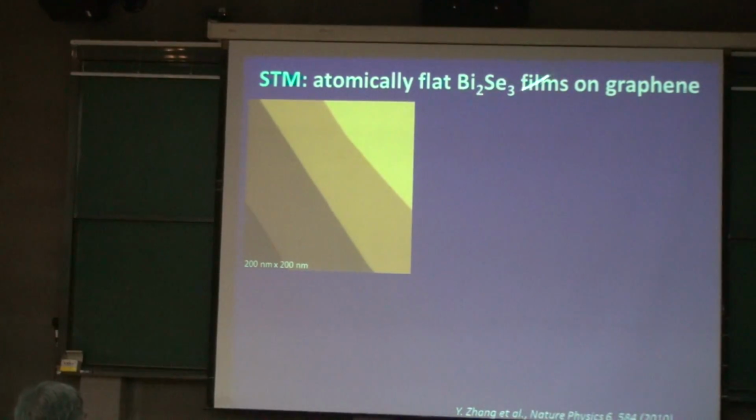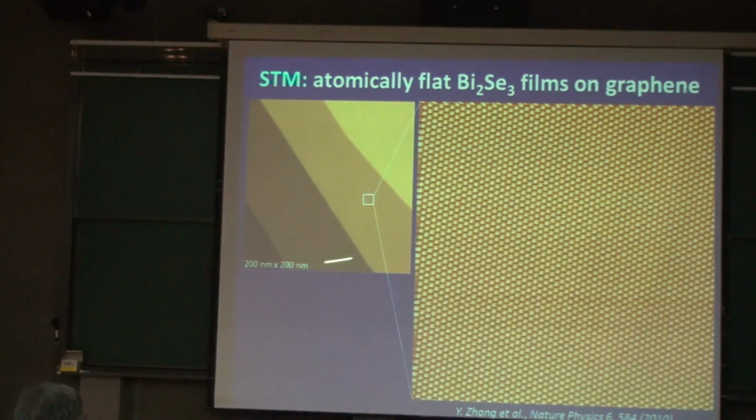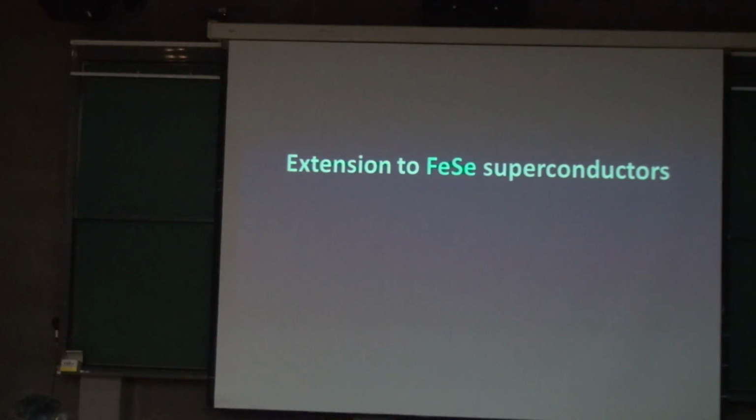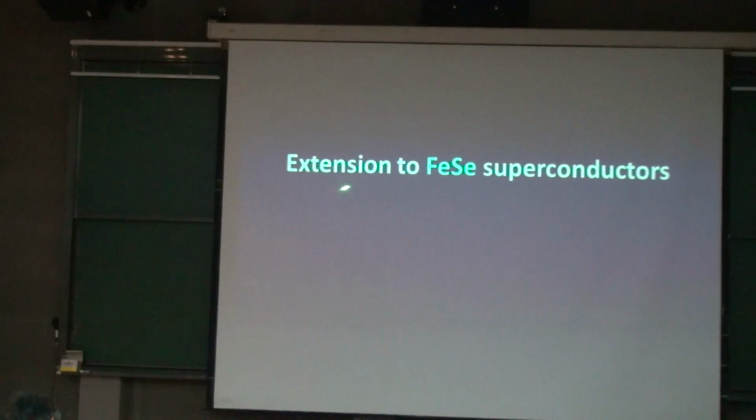I just showed the bismuth selenide, and you get atomic flat morphology. If you zoom in, you see very few defects, and if you measure the band structure, you see the Fermi energy located in the gap, only crossing the Dirac cone. And then we even extended this kind of MBE growth to iron selenide.